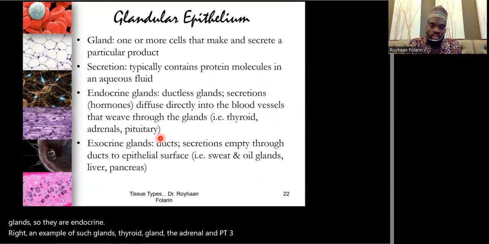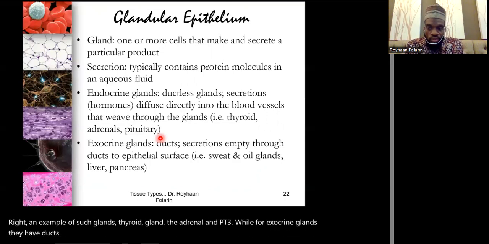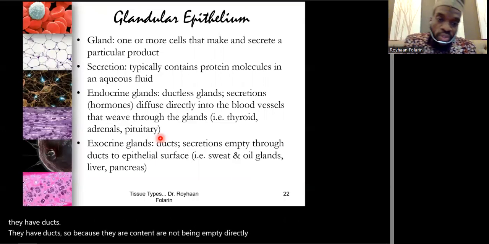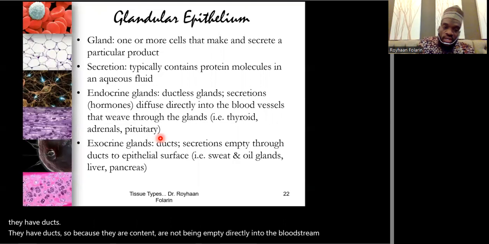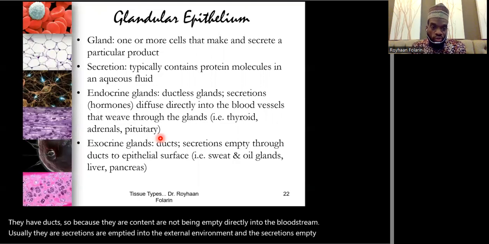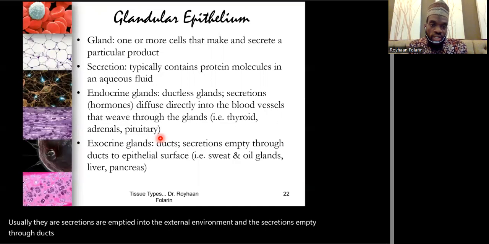While exocrine glands have ducts. Because their contents are not emptied directly into the bloodstream, usually their secretions are emptied into the external environment, and the secretions empty through ducts. That's why they should have ducts. So they empty through ducts to the epithelial surfaces.